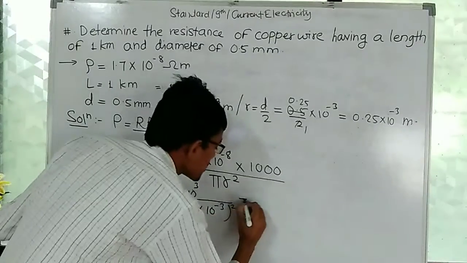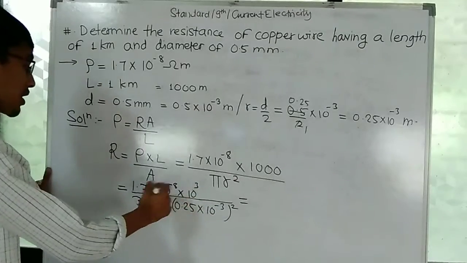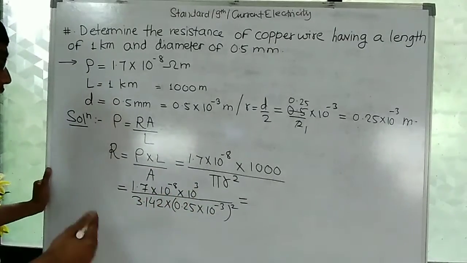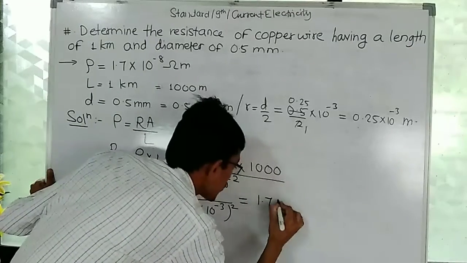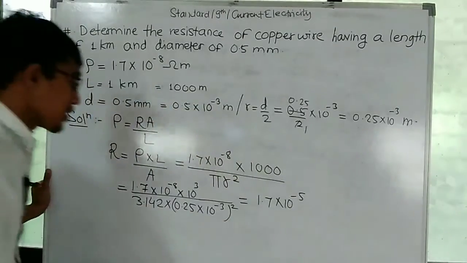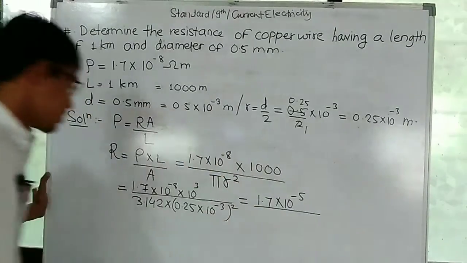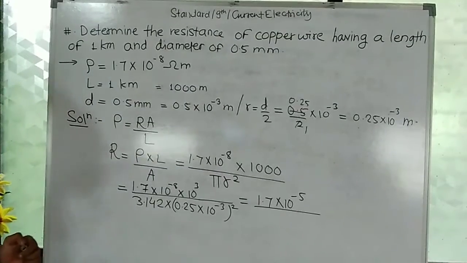So it can be written as 10 raised to 3 into 10 raised to minus 8, it will become 1.7 into 10 raised to minus 5, upon 3.142 into 0.25 into 0.25.